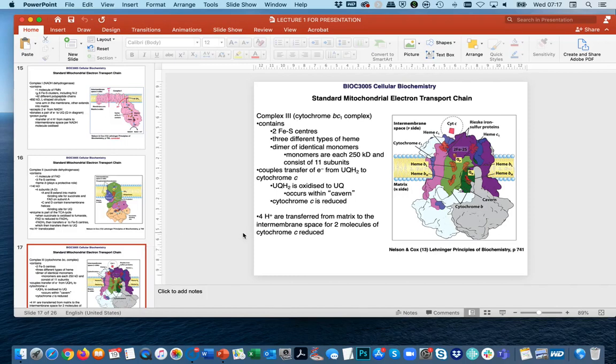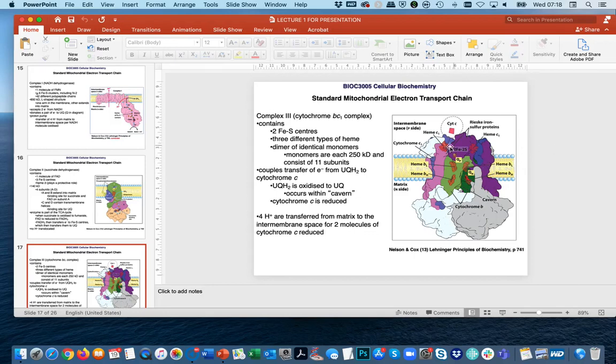So in complex 3, we see the transfer of electrons from UQ, and that transfer of electrons happens in the interior of the membrane, because remember, UQ and ubiquinol, the reduced form, function within the plane of the mitochondrial membrane. So here in the cavern, that's the part of the protein complex, complex 3, where UQ is, that's where the electrons are donated, given up by ubiquinol, and the acceptor is the Rieske iron-sulfur compound or complex.